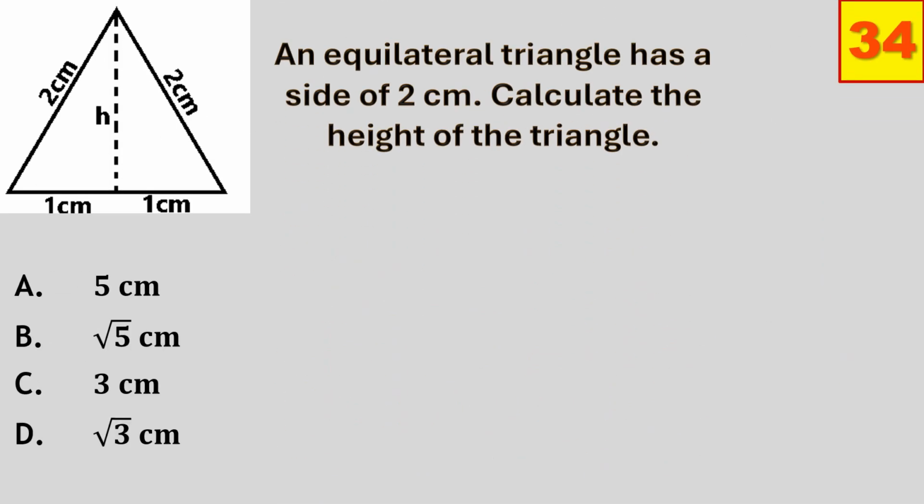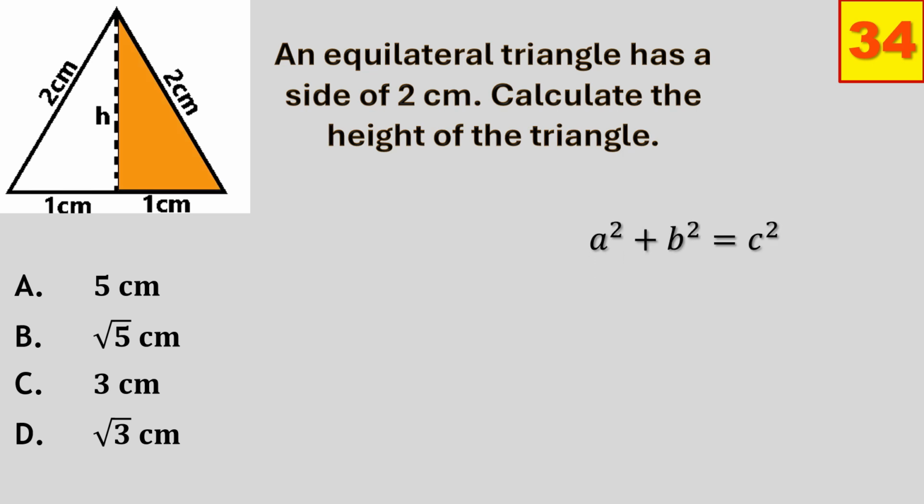An equilateral triangle has a side of 2 centimeters. Calculate the height of the triangle. The triangle has already been divided in two, so we'll just focus on one of the right-angled triangles.